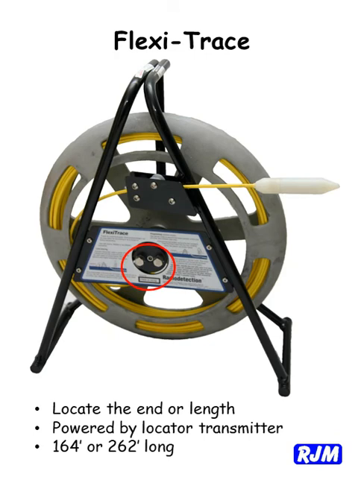The FlexiTrace: connect a radio frequency locator to both terminals to apply a signal to the sonde at the end, or connect a single terminal and a ground stake and locate the length of the rod. Stronger signals are available since transmitters have higher output than sondes. The FlexiSonde is available in 164 and 262 foot lengths.